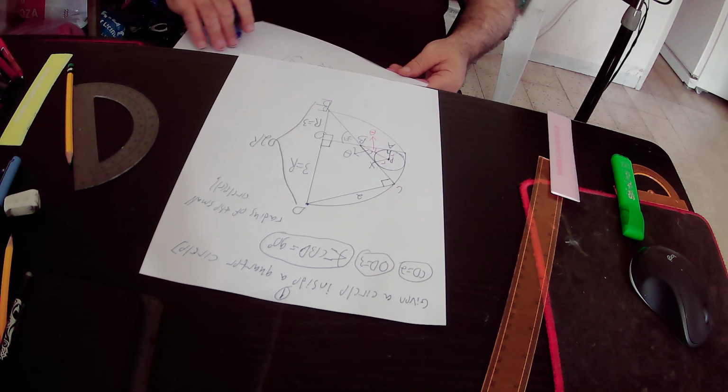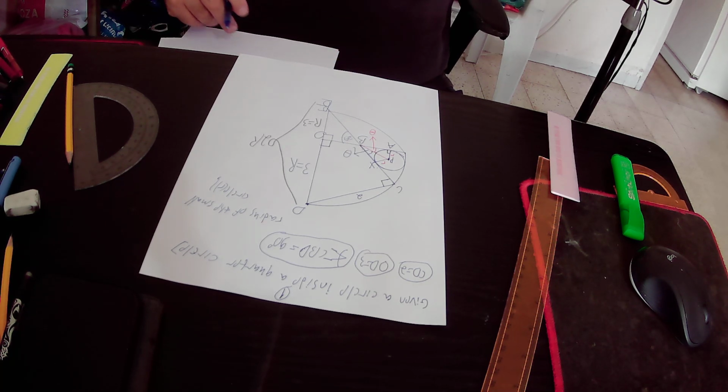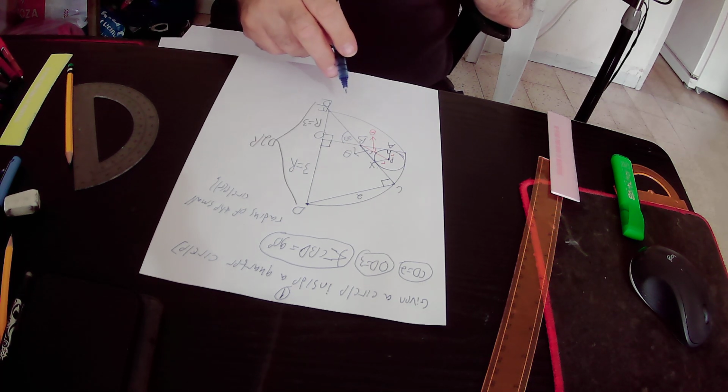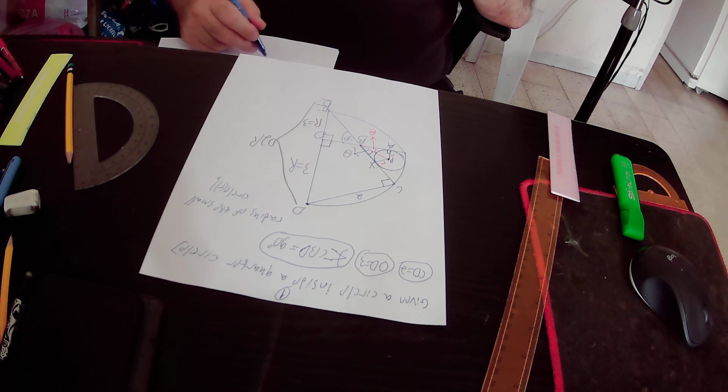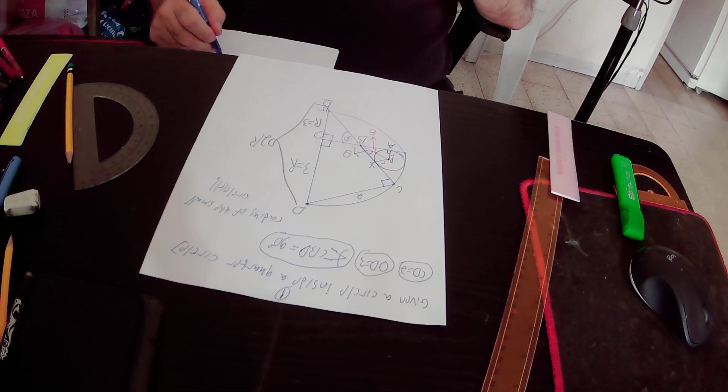So we know that the sum of the angles in any triangle equals 180 degrees. So in triangle EBO, we can say that 2 theta plus 90 degrees plus angle OEB must be equal to 180 degrees.